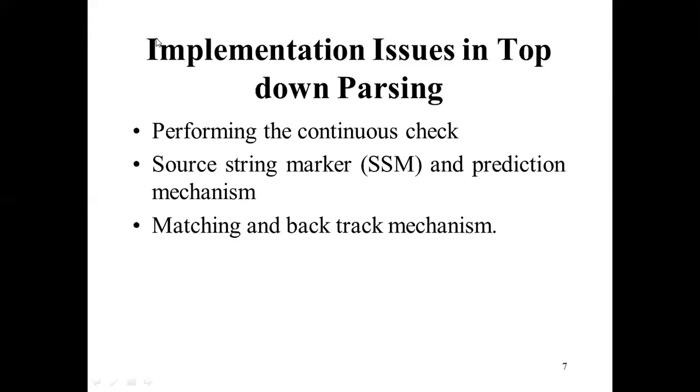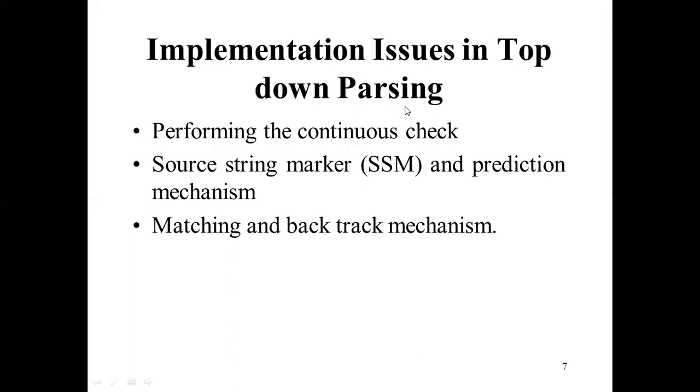With the help of the pointer, you check what type of characters you want to achieve. The third one is the matching and backtrack mechanism. First we do the continuous check, then we use the SSM, and after that we check the matching and backtrack mechanism.